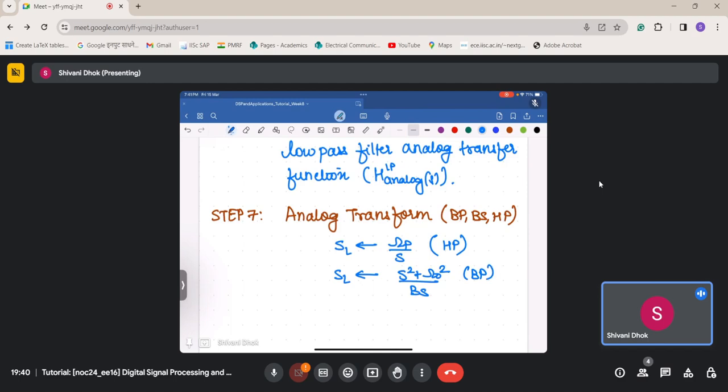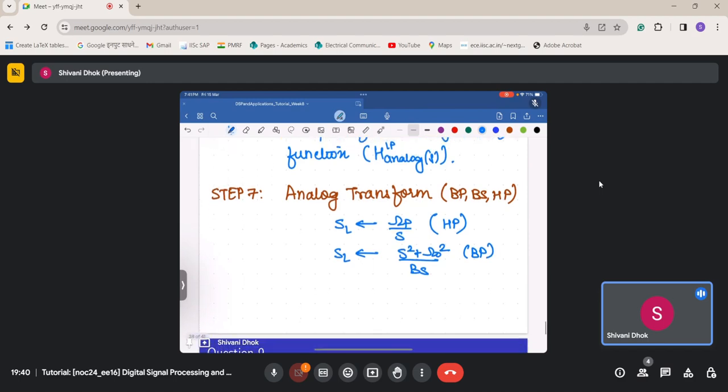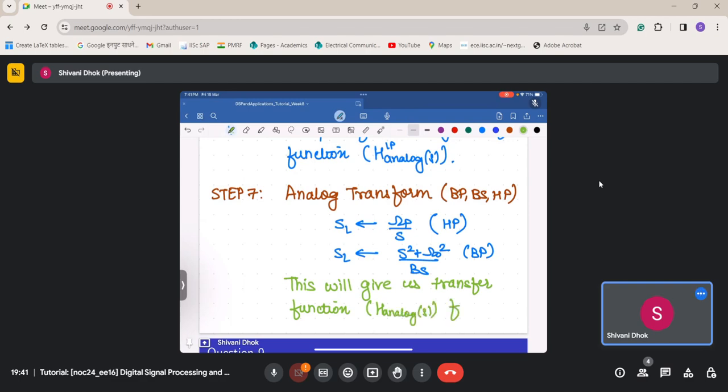For band stop, it will be discussed in coming lectures. This will give us the transfer function, let's say H analog of S, for the desired filter.